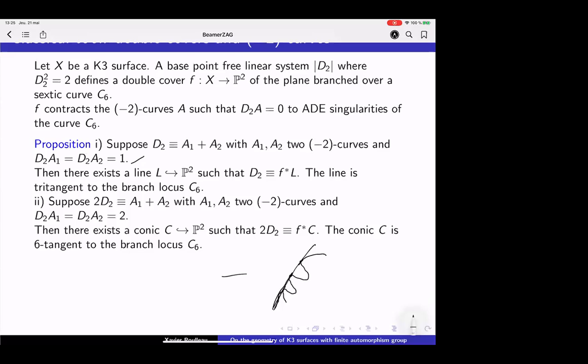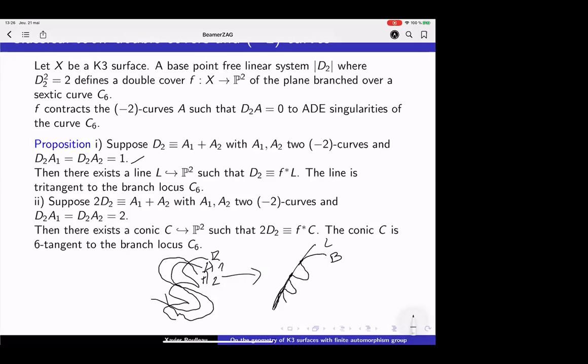And over that, you have the branch locus, and the line splits. The picture should be like that. So this is the ramification locus, A1, A2, and here the line and the branch locus.